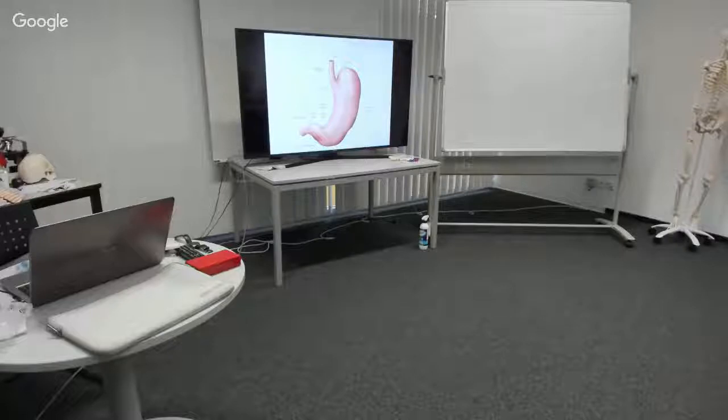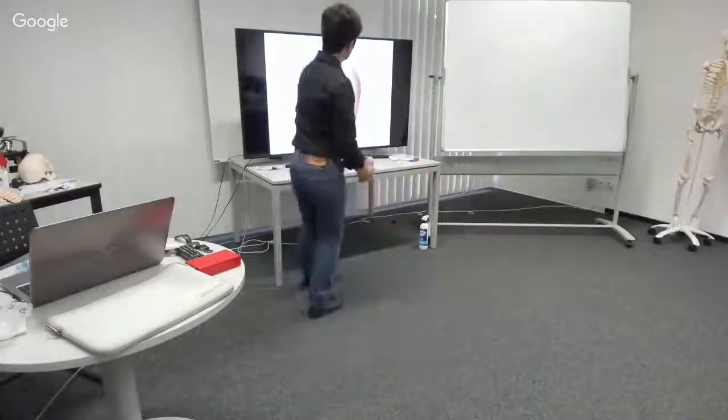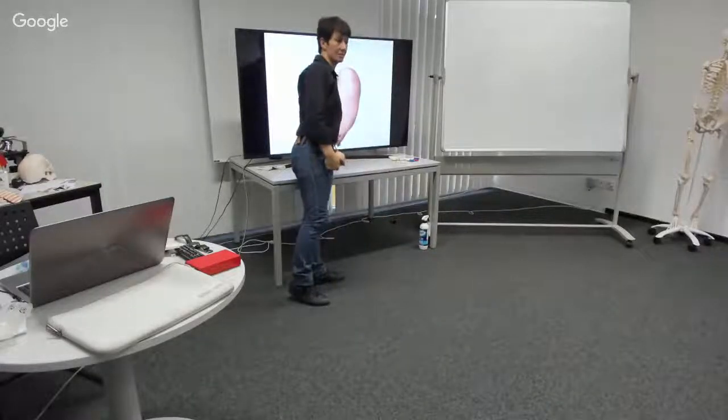The same is in the pyloric part of the stomach, so the one that is closer to the duodenum. So I have a production in the part that I call the body and the fundus of the stomach that is acid.